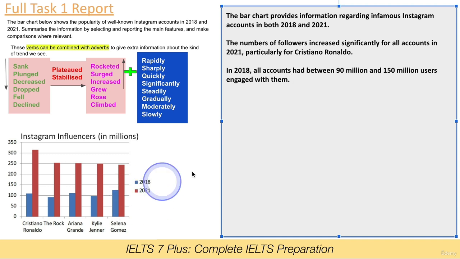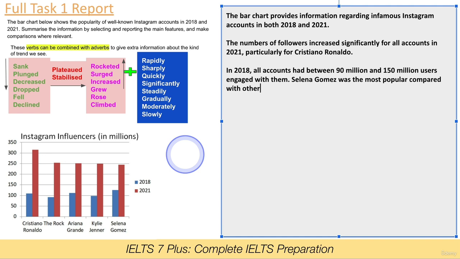So Selena Gomez is the highest, is the most popular. Selena Gomez is, or was, the most popular compared with other celebrities with 150 million.